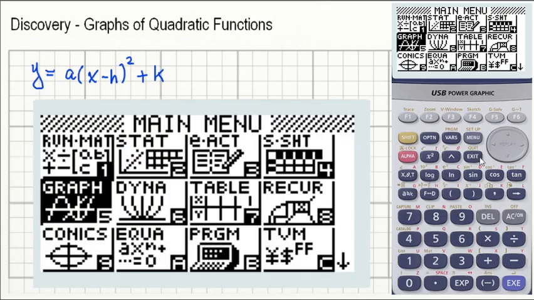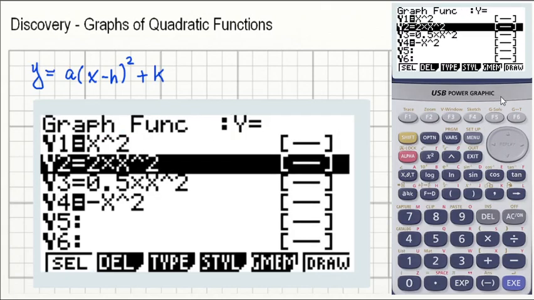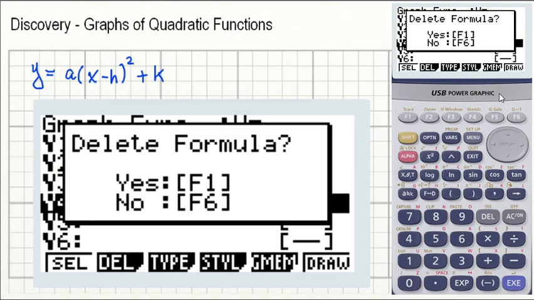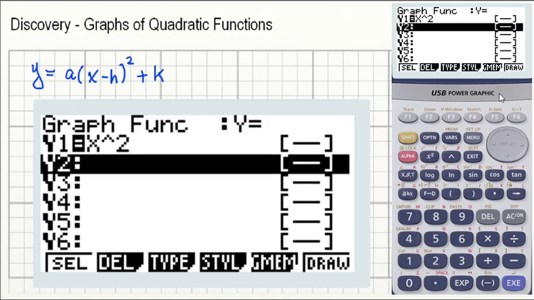So, going back to our calculator, going to graph, and now let's delete all of those functions down here, and let's plot the function that we want. Now let's try just multiplying by 2, subtracting, with h equals 3 and k equals 4. So a equals 2, h equals 3, and k equals 4.